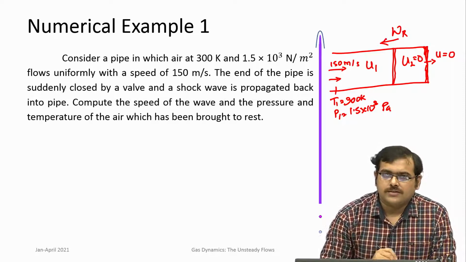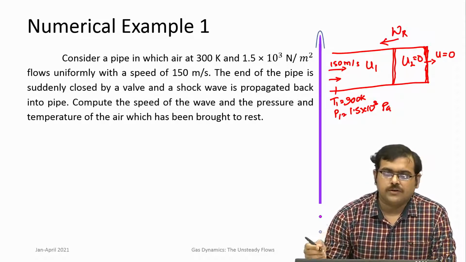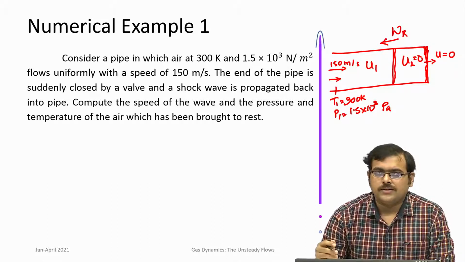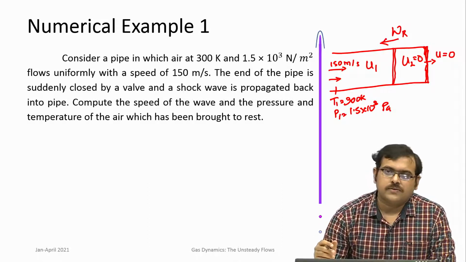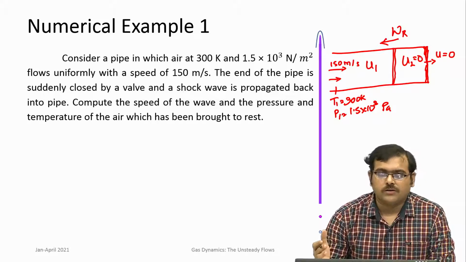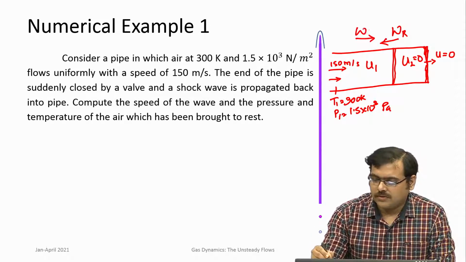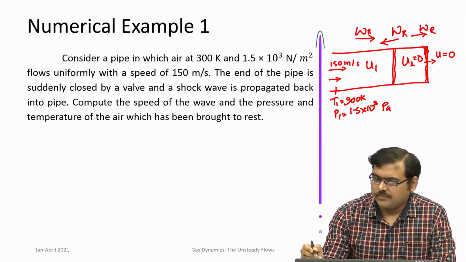How do you analyze this problem? It is a moving shock problem, and all we have to do is change the frame of reference. From the laboratory frame you move on to the shock. If you do that, you will impose an equivalent velocity Wr here.